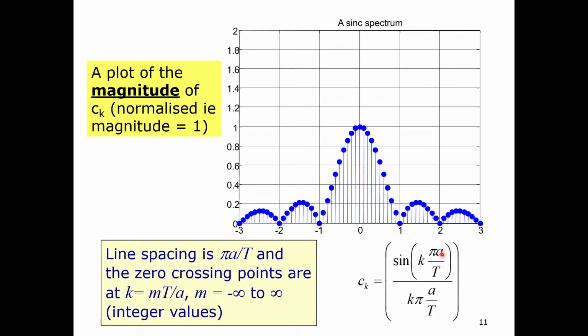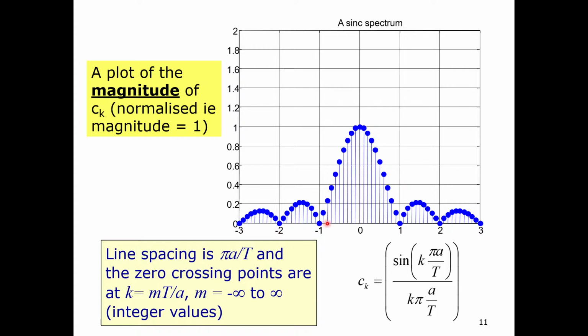And as a decreases, mT on a, being equal to k, will increase. And as that increases, this curve flattens and the zero crossings move apart. So if T increases as well, and these zero crossings move apart and the curve flattens, that means the pulse train spacing increases.